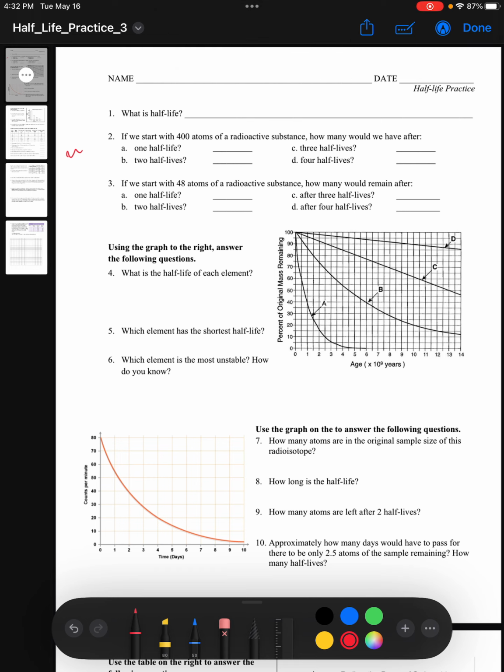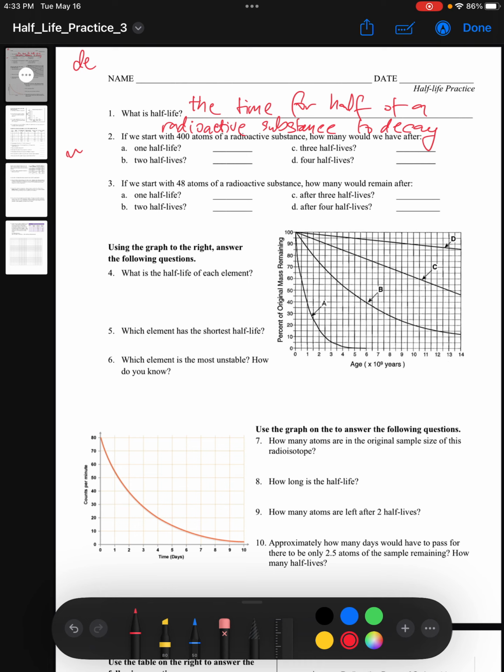So question 1. What is half-life? The time for half of a radioactive substance to decay.